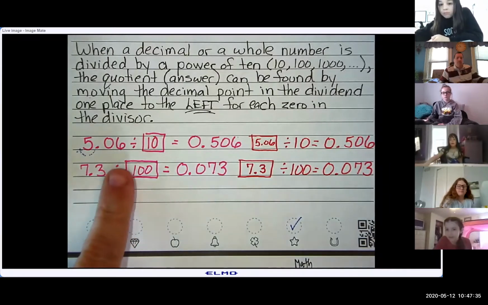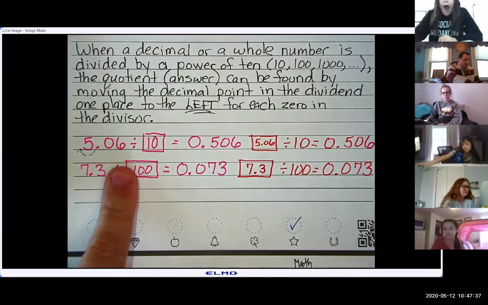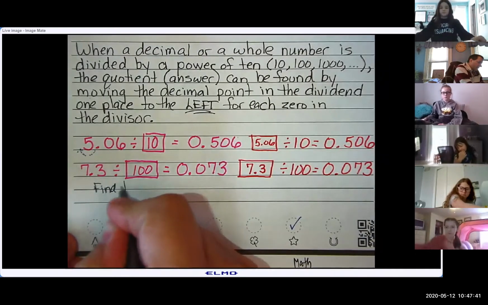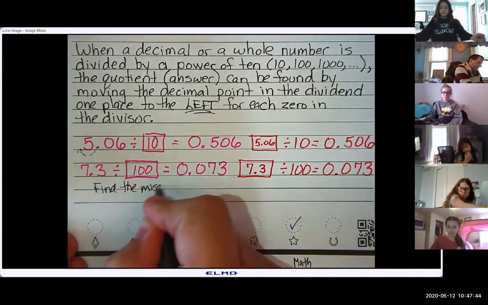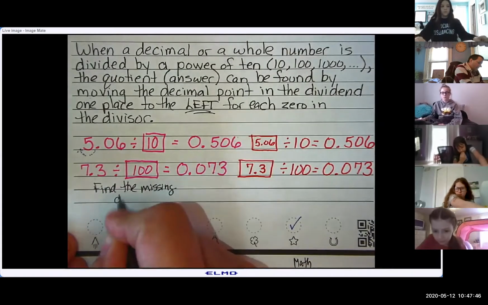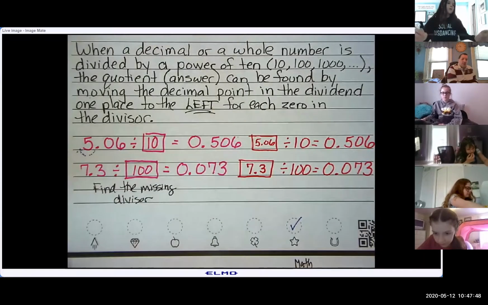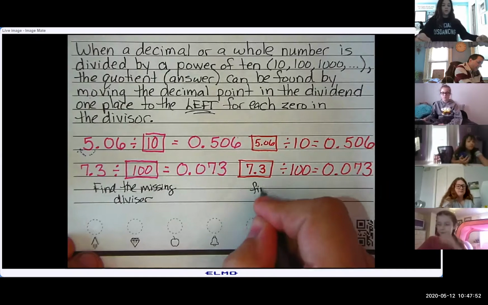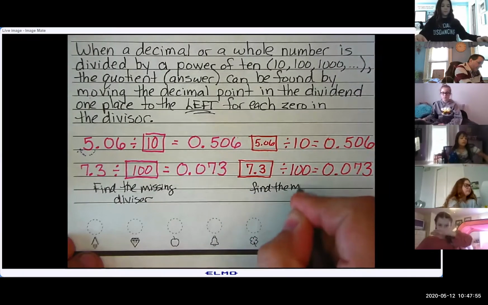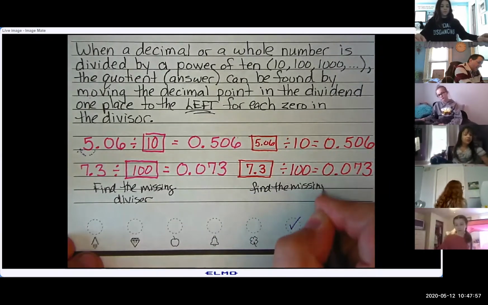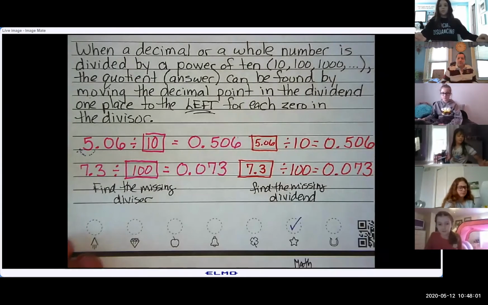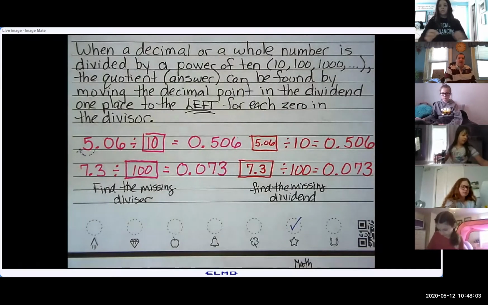Part of your independent work today is going to be doing that. This is called missing divisor. Find the missing divisor. This is find the missing dividend. Do you notice that the divisor and the dividend are related?